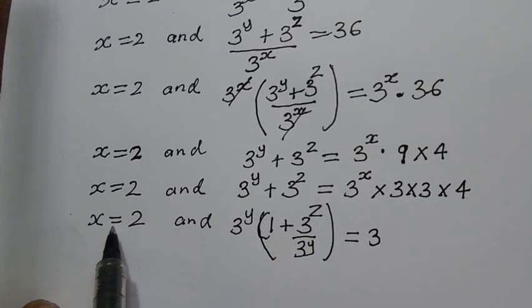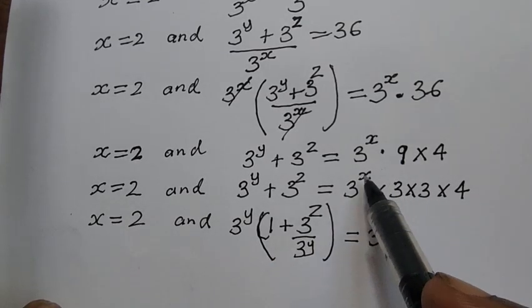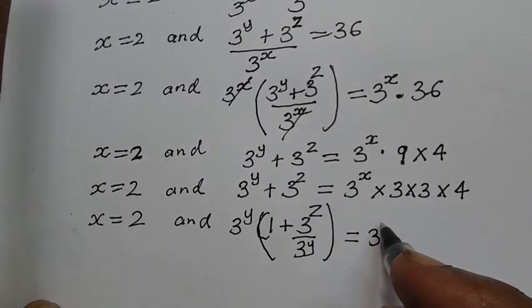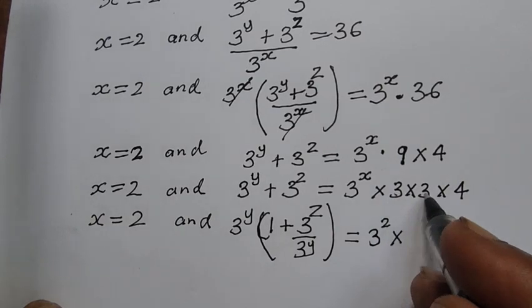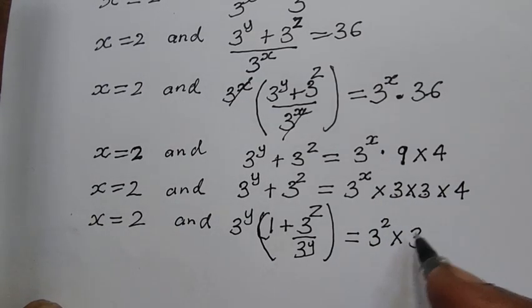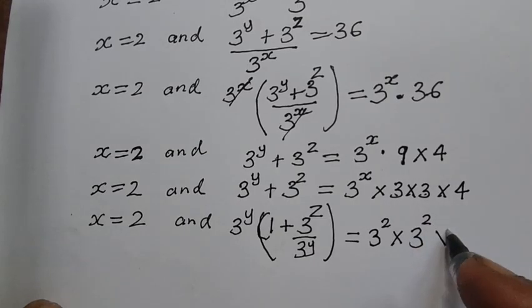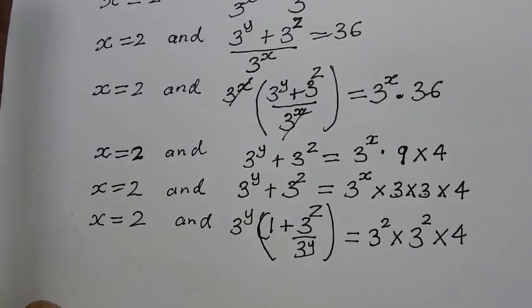Here we know x equals 2, so substitute the value of x here. We have 3 raised to power 2 times 3 times 3, this is 3 raised to power 2 times 4.